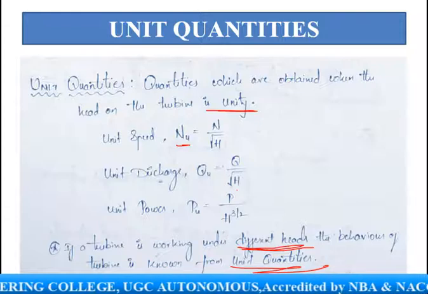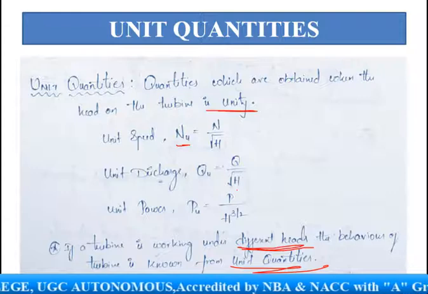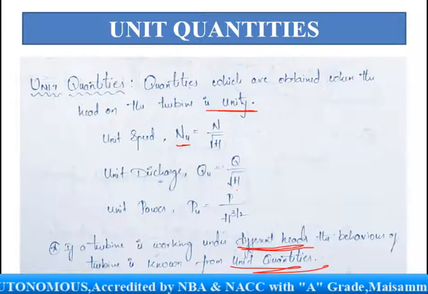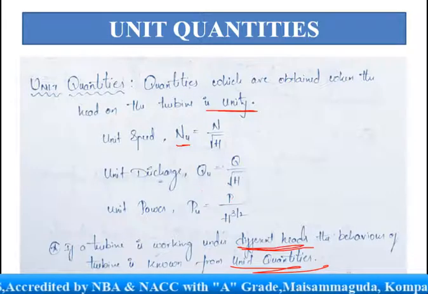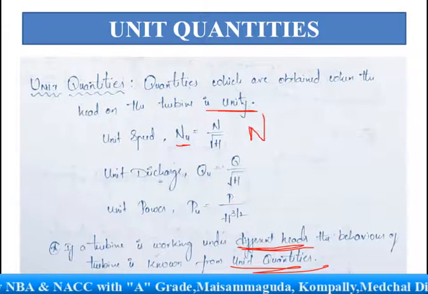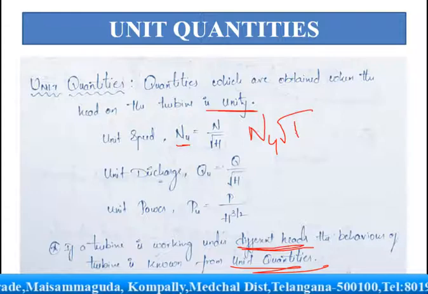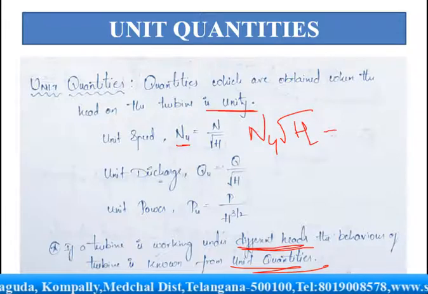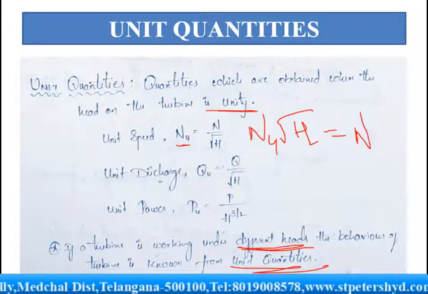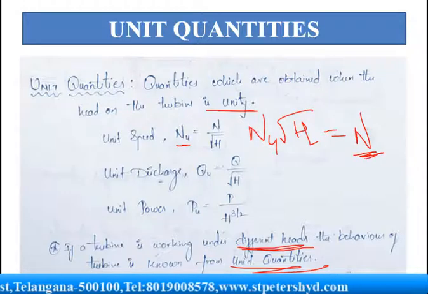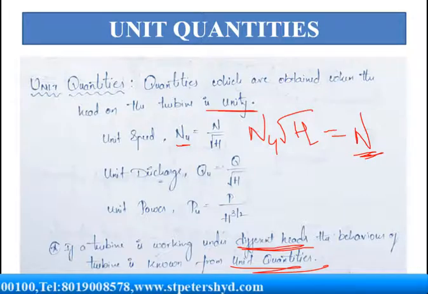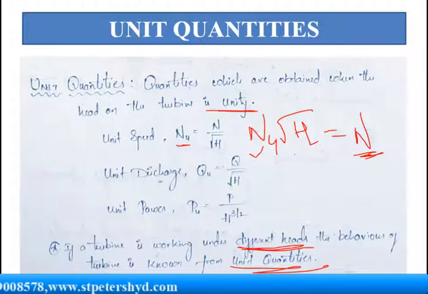And moreover, if you want to know any quantity with this particular equation, if you know the unit quantity and the unit head, you can get the actual speed or actual quantity of your turbine. So before that, you should know the unit quantity and the unit head.